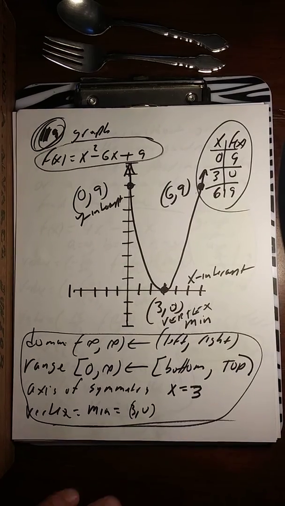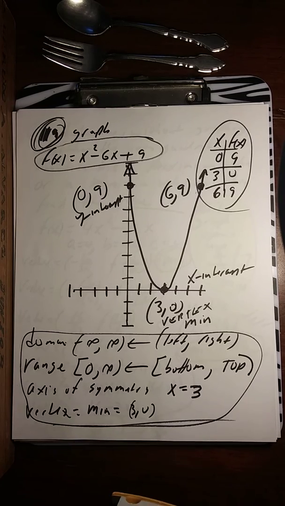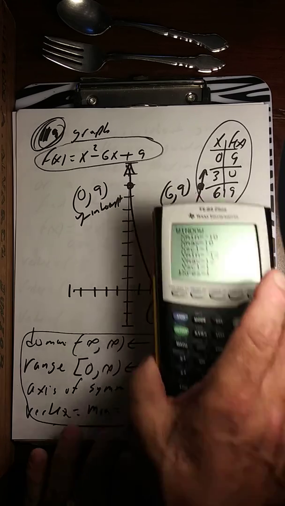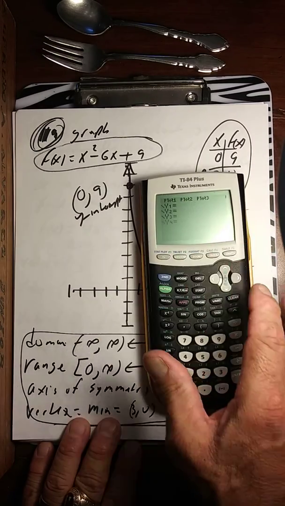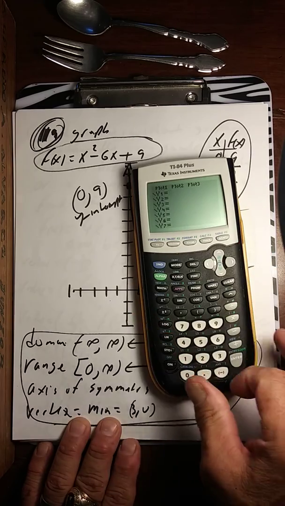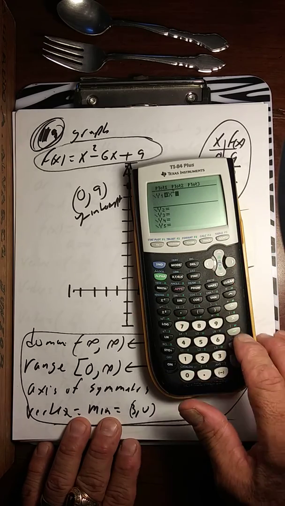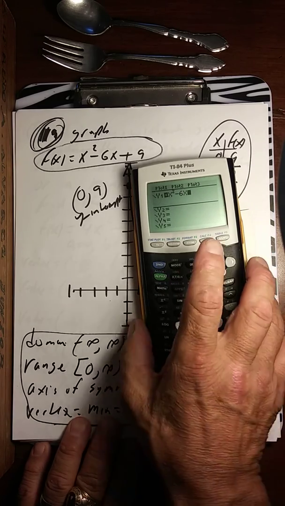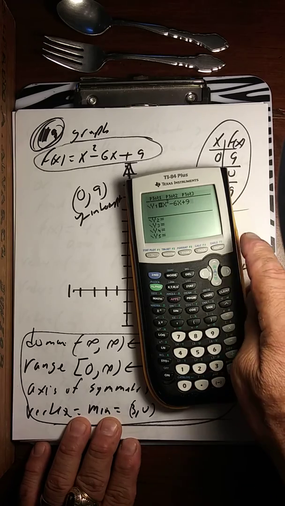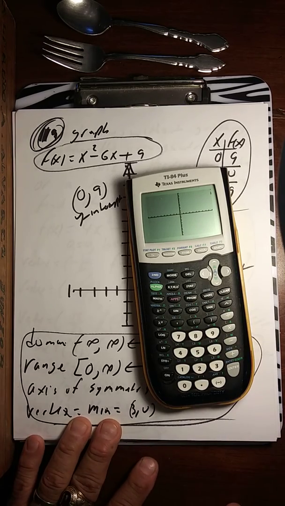Another graph. Okay, let's put it in the machine, of course. Alright, let's look at the windows first. -10, that's fine. Y is x² minus 6x plus 9. Hit graph.